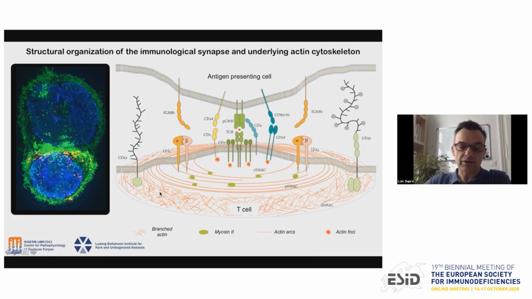Outer area made of mostly branched actin filaments, a more internal layer made of longer filaments, and there are also at the immunological synapse actin foci here associated, for example, with the TCR.